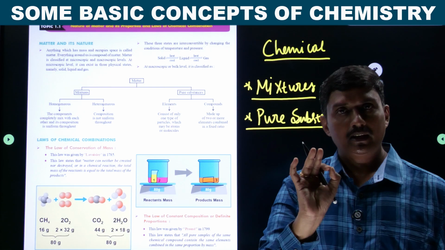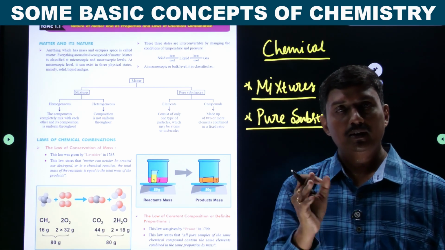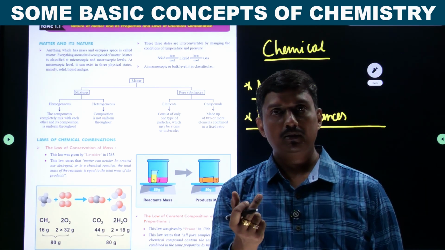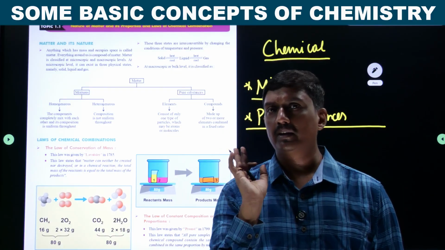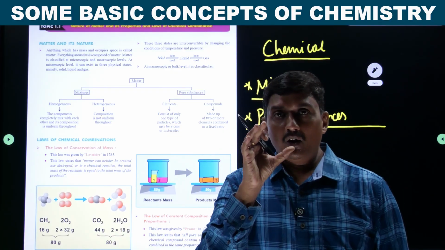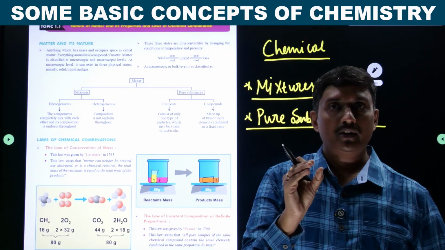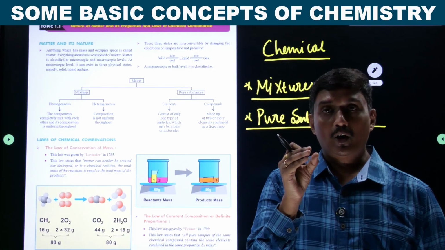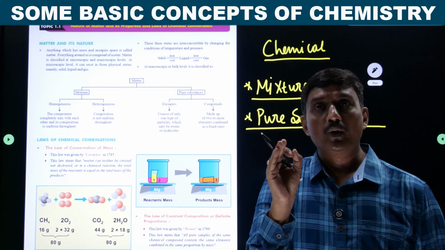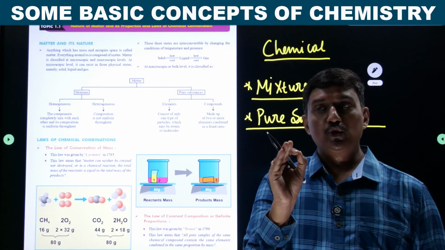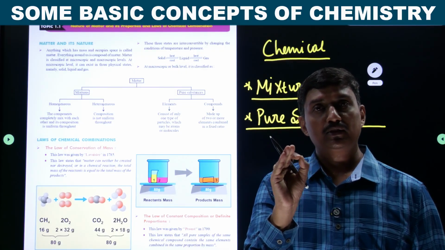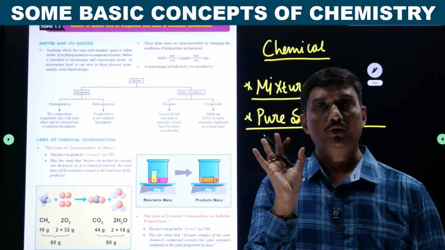Tea is not a pure substance because it is made up of water, milk, sugar, tea powder and other ingredients. All these ingredients are blended or mixed equally and uniformly. As a result, you won't find a different taste from first sip to last sip.